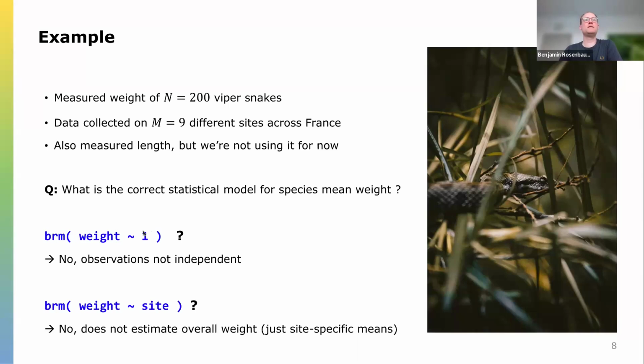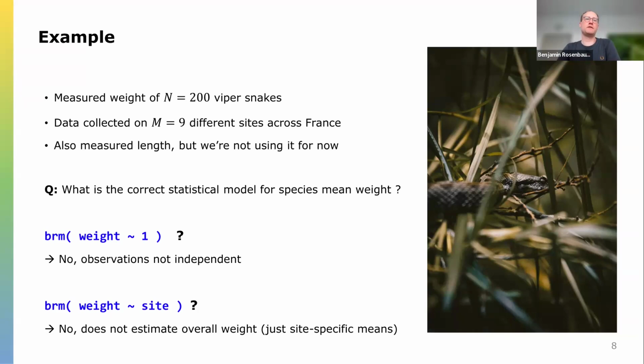Just fitting only an intercept for all of these 200 data points without correcting for site isn't correct, because the first assumption of linear models is not met: these observations are not independent. They come from grouped data. Okay, you say, why not just include this variable, so we fit weight depending on site? But what would this produce?